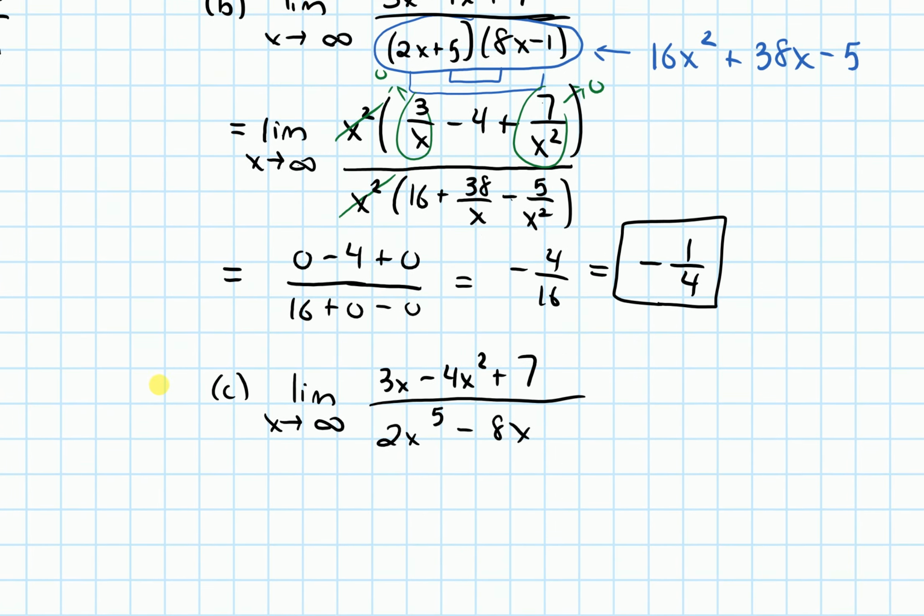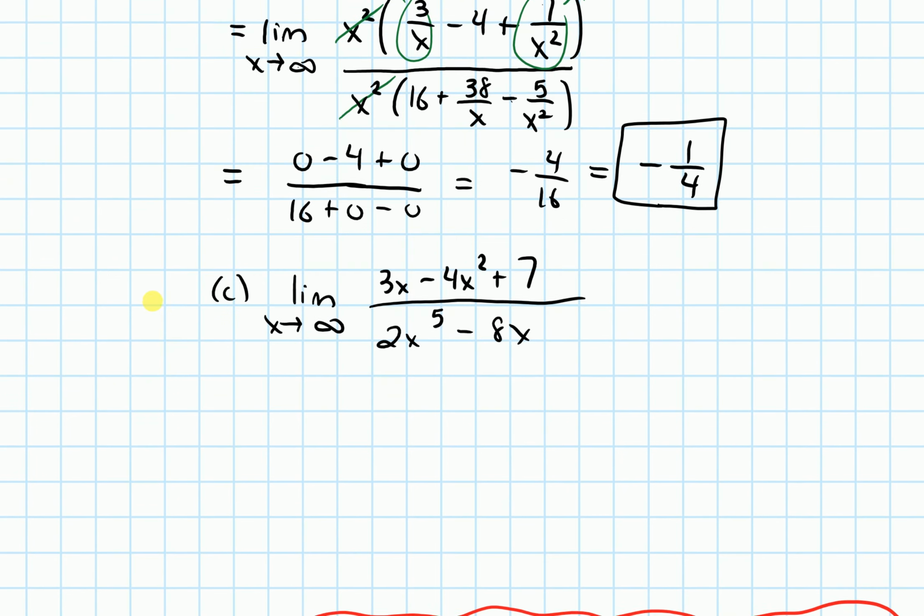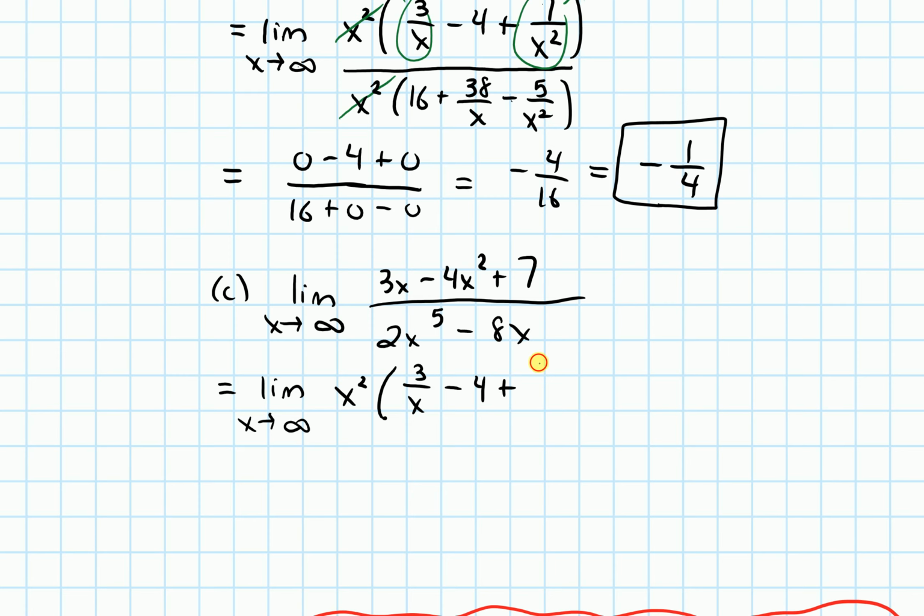So part C. Let's do the same thing. Let's factor out the highest power of x on the numerator and on the denominator. On the numerator, it's x squared, and we've done the numerator a few times now. Let's do it quickly. So 3 over x minus 4 plus 7 over x squared. On the denominator, the highest power of x is x to the 5. If we factor that out, from the first term, we'll be left with 2.